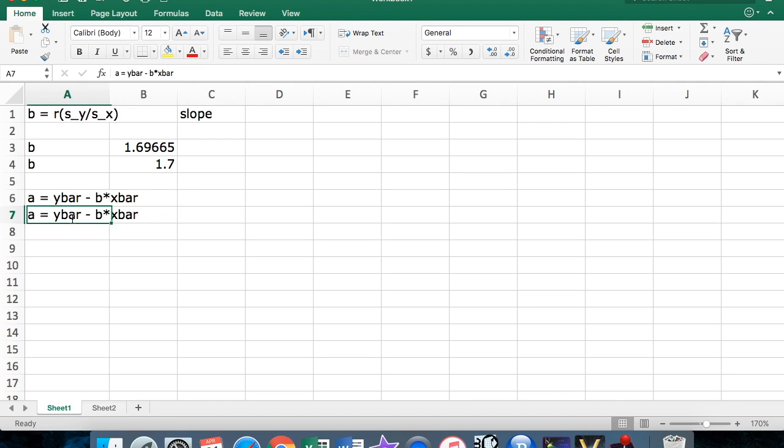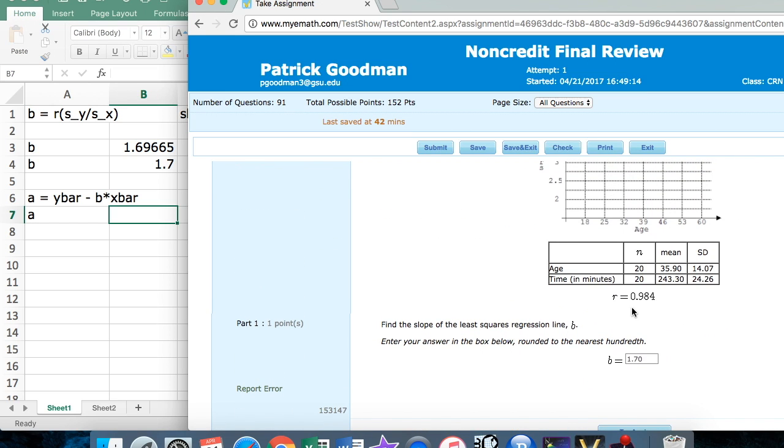Okay, so let's find it. Excel tries to think for you, and it just doesn't work out. I need to get back to my means. Mean of age is 35.9, that's my x.